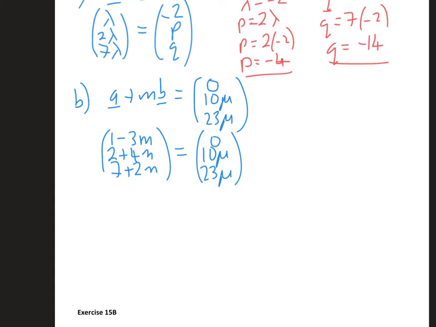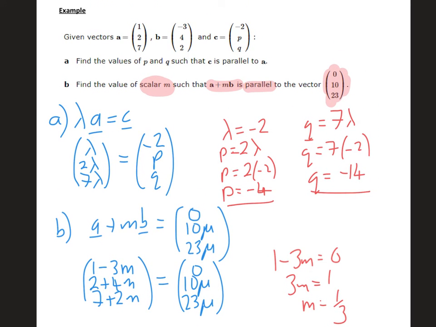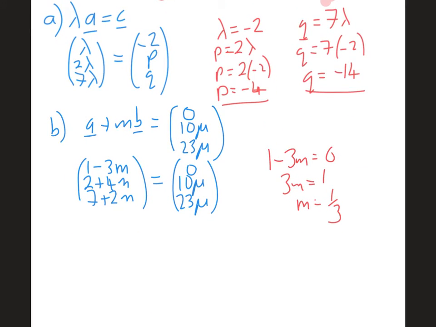So from the top one, I get 1 minus 3m is 0. So I get that 3m is 1, so m is a third. And in fact, that's all the question wanted. The question wanted find the value of m, and I found m. m is a third. If I wanted mu, I could sub in m is a third into either the second row or the third row.